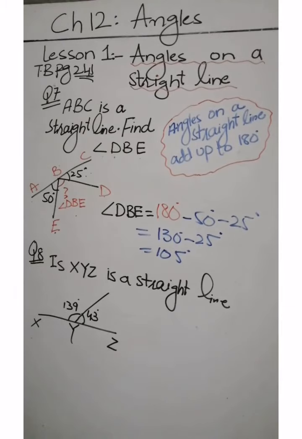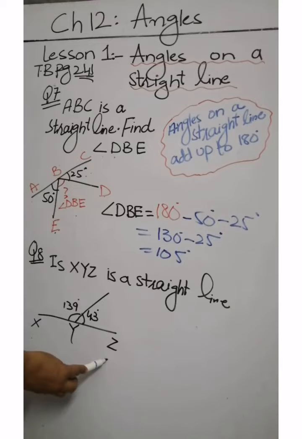Now we have another question, question number 8. This is the question in which you have to think critically. Is XYZ a straight line? How do we know that XYZ is a straight line?